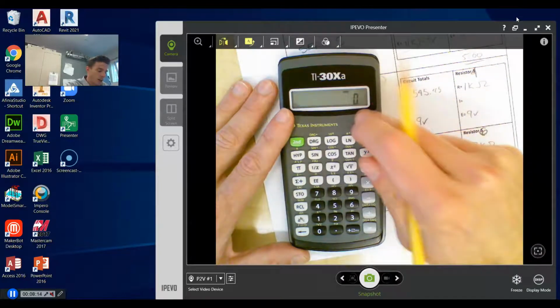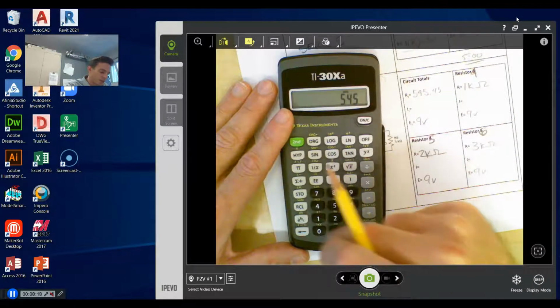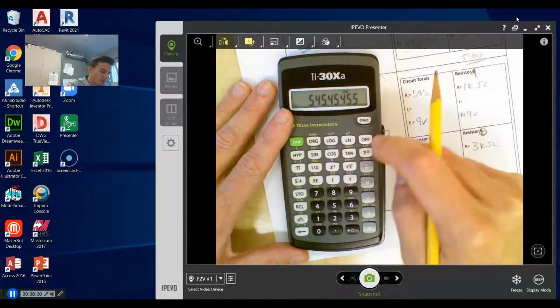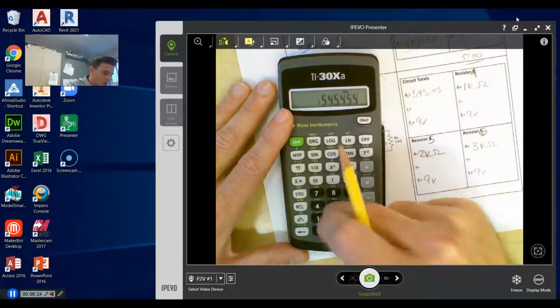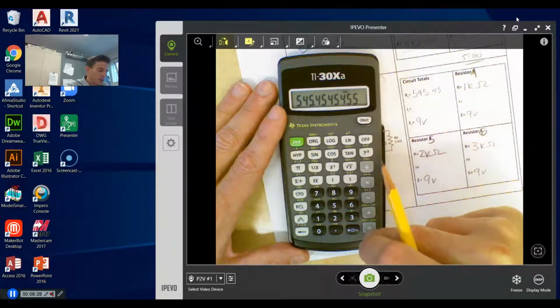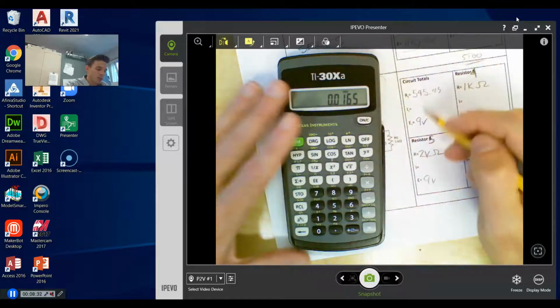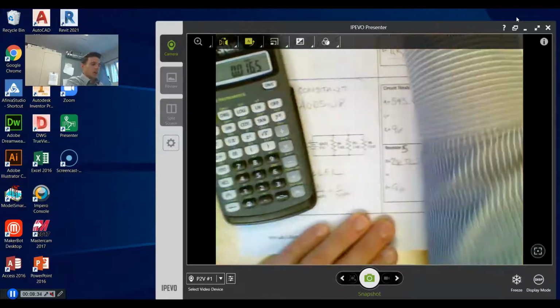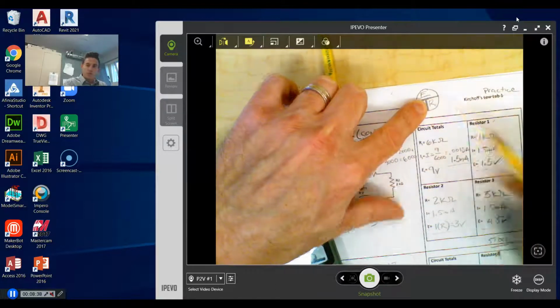We need to figure out I. 9 divided by 545.454, oops, then a 5 at the end here. I'm going to hit divide, is equal to. So again, I'm coming up with I, and I is equal to voltage divided by resistance.